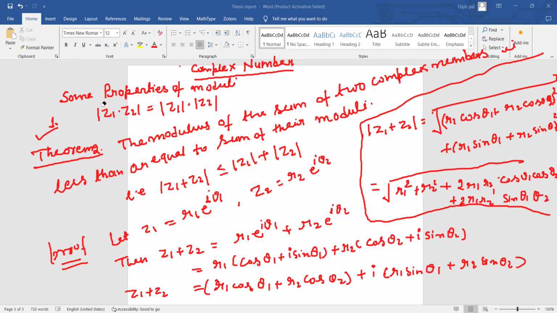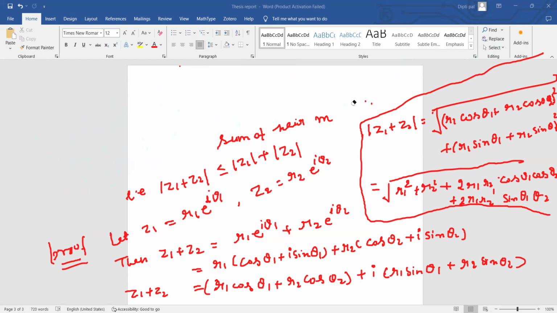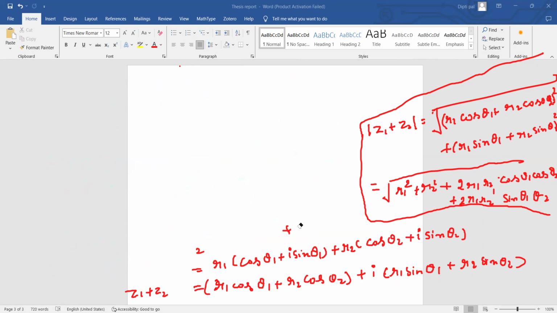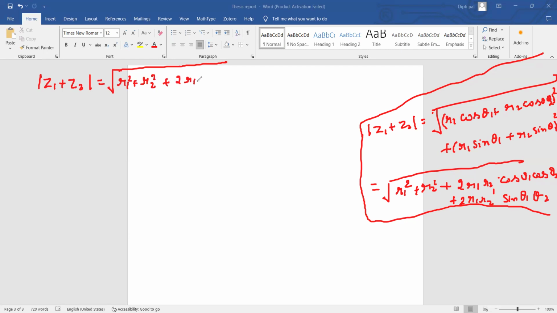Now modulus of Z1 plus Z2 equals square root of R1 square plus R2 square plus, taking 2 R1 R2 common, cos theta 1 cos theta 2 plus sin theta 1 sin theta 2.